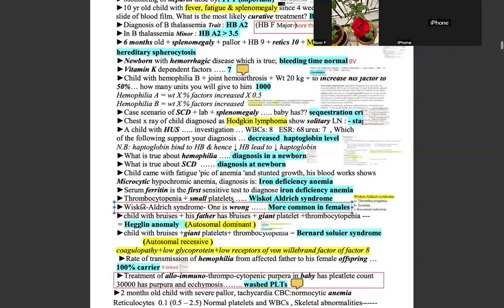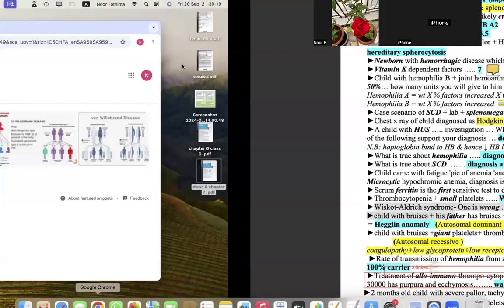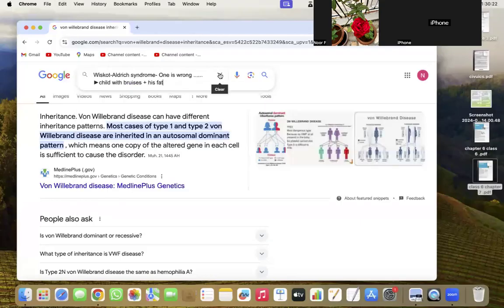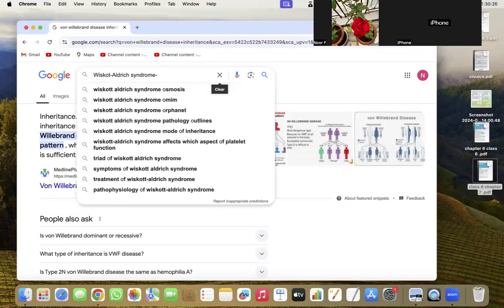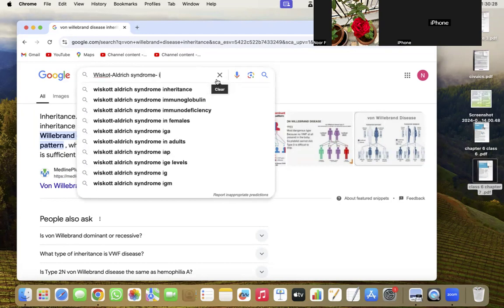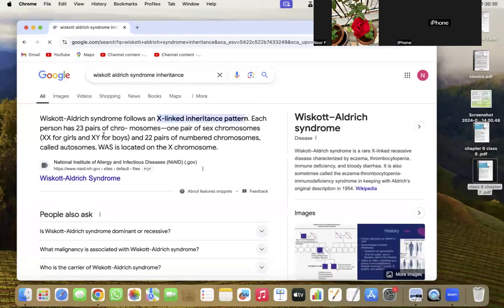But we should know what is the inheritance of Wiskott-Aldrich syndrome. X-linked inheritance pattern. So it should be more common in males, not in females.